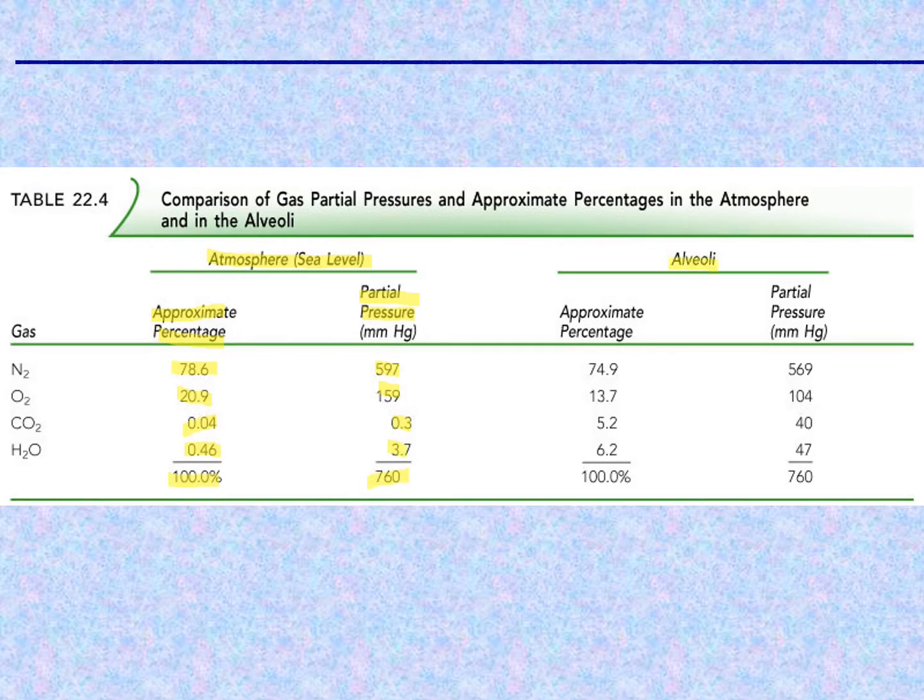Within the alveoli, it is not the same, because the alveoli have a unique situation where you have, first of all, a lower percentage of oxygen, because there's a sink that drains oxygen, the sink being your tissues, your blood.